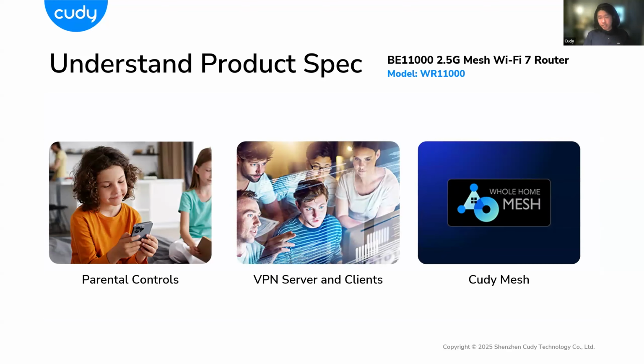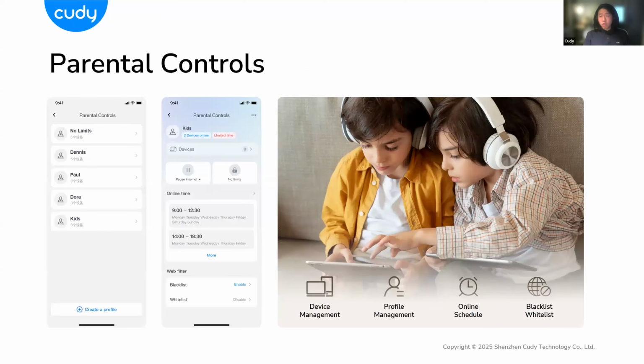Next are the secondary specs you can leverage. Most of them are software features, like parental controls, VPN server and clients, and Cudy Mesh. Parental controls can be very useful for parents. They want to make sure their children won't access any inappropriate content, and won't misuse the network. With parental controls, users can create a profile on their phone and set weekly time limits for their children.